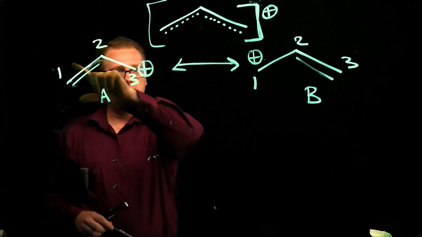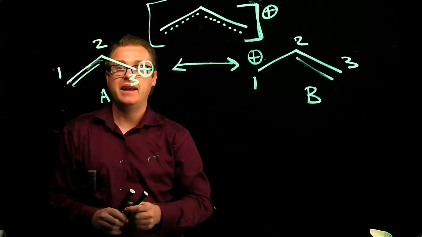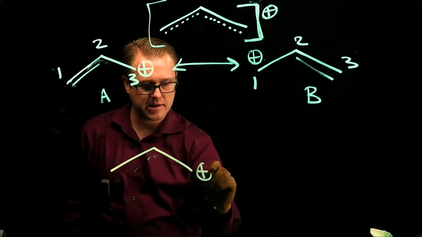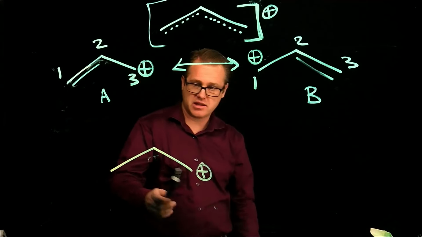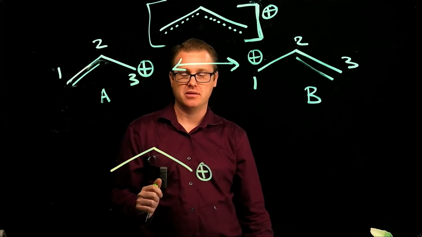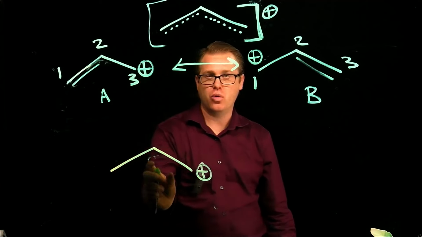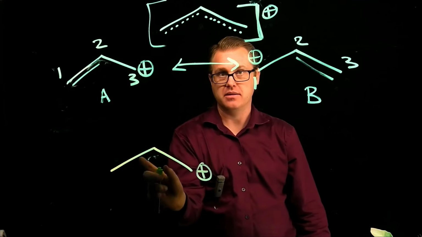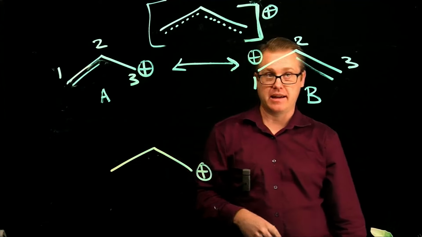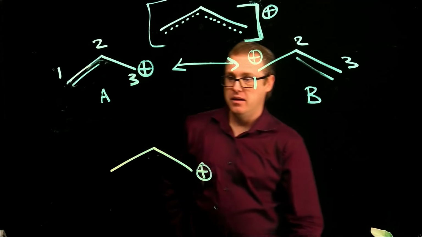When we compare this molecule here, it is more stable than a molecule that looks like this. This molecule right here has no pi electrons. There's no resonance hybrid for this molecule because there are no pi electrons that can delocalize.